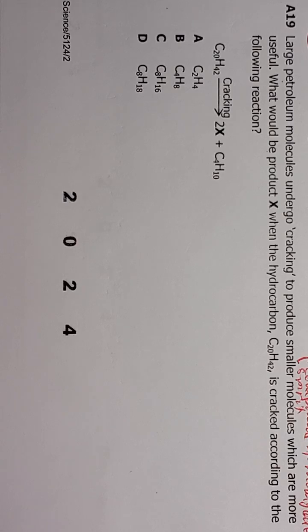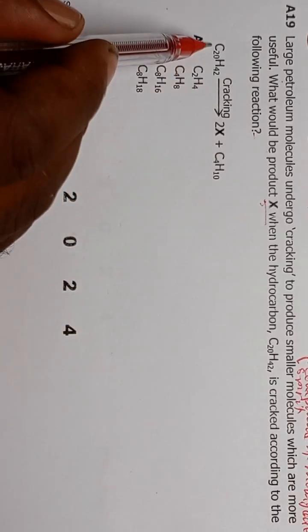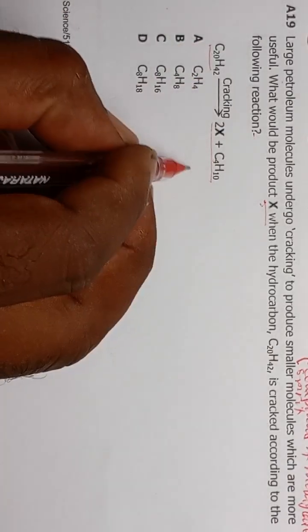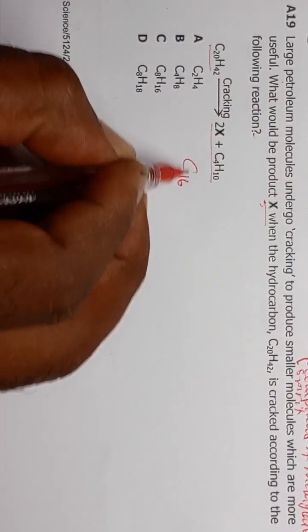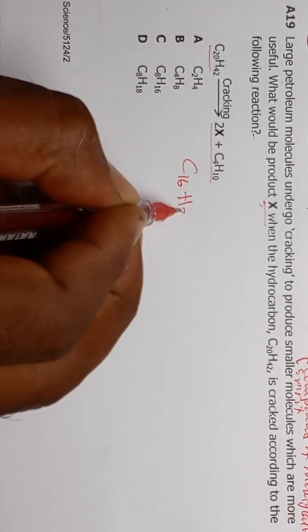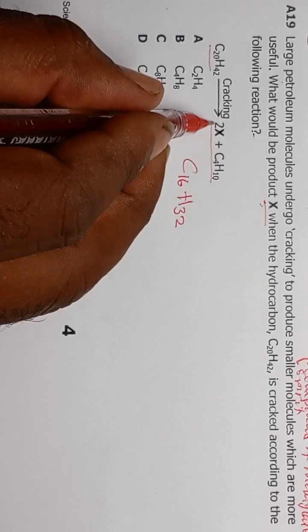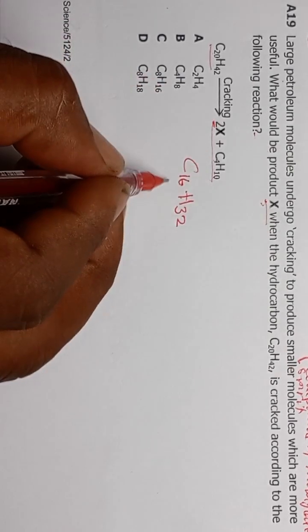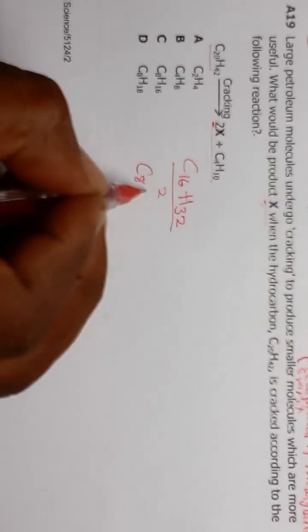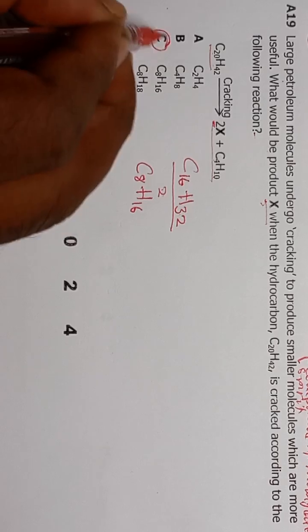So in this case, the question is what could be the product X? It is cracked to these two. 20 minus 4, it is 16. 42 minus 10, it is 32. So since it is balanced here with a 2, we are going to divide with a 2. 16 divided by 2 is 8, 32 divided by 2 is 16. So the answer is C.